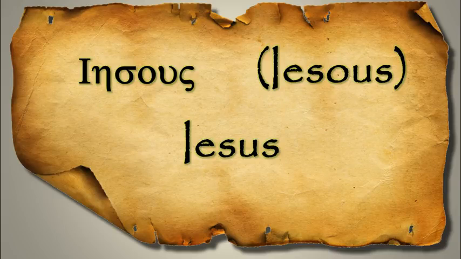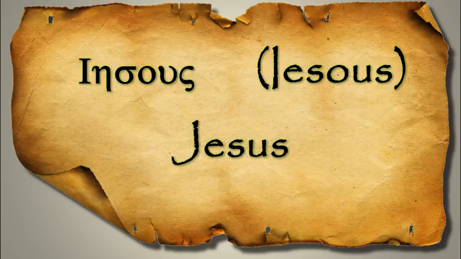The Latin letter I split into two letters, the I and the J. Originally, this was to differentiate ways of writing the same letter. So the Iesous became Jesus in writing, but they were pronounced the same way.